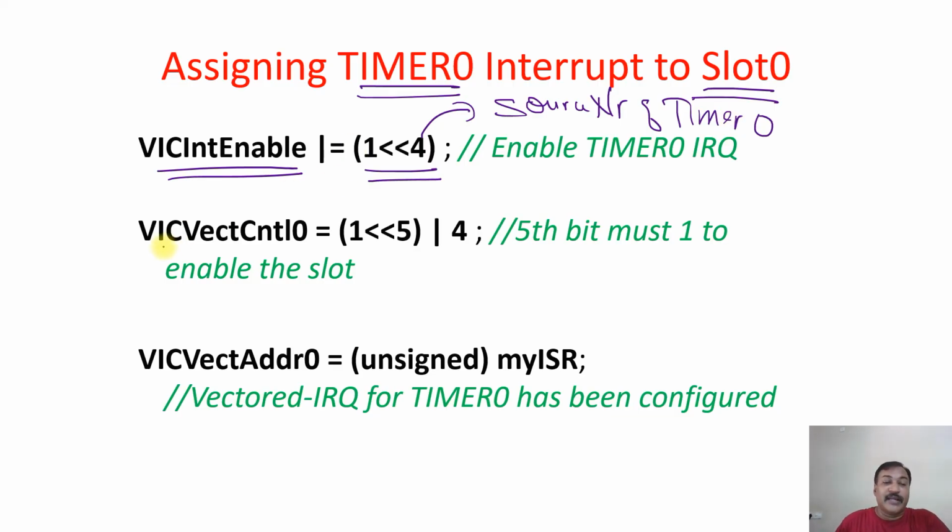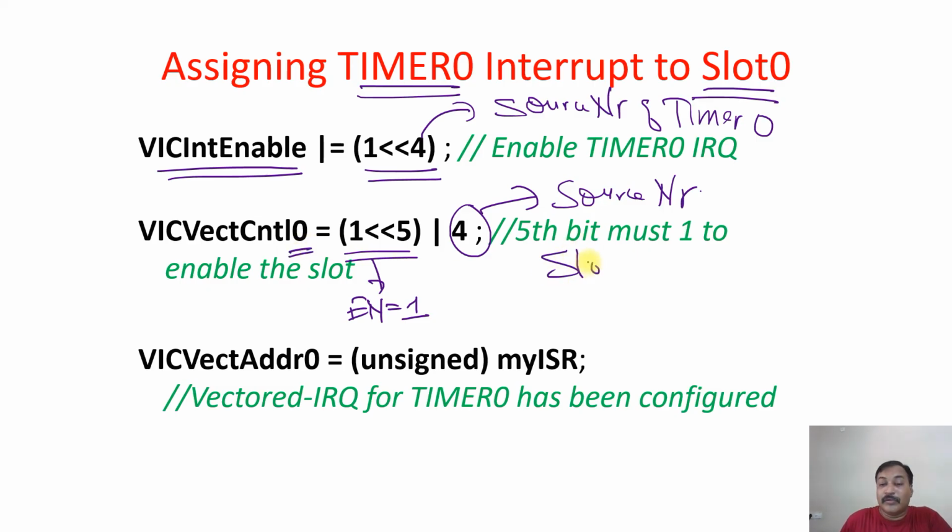Next one, vector interrupt controller vector control 0 is equal to 1 left shifted by 5. We will make enable bit as 1, or this with 4. 4 is the source number. So this will assign slot 0 to timer 0 interrupt.